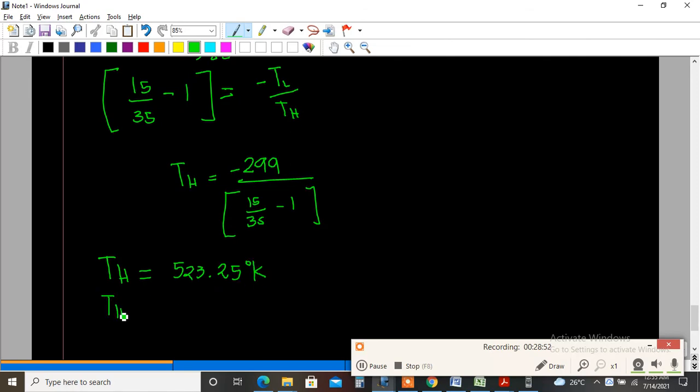In Celsius, just subtract 273, so we will have 250.25 degrees Celsius. That is the temperature.